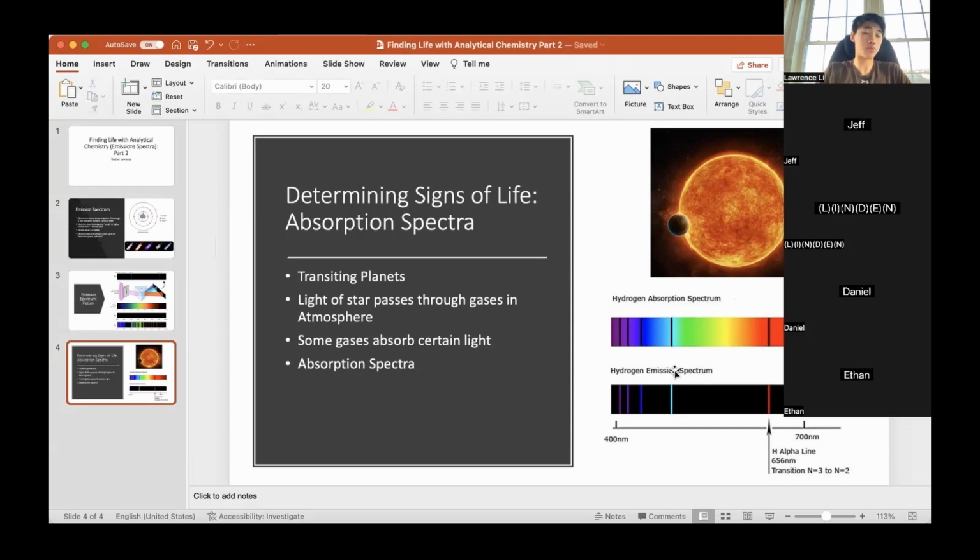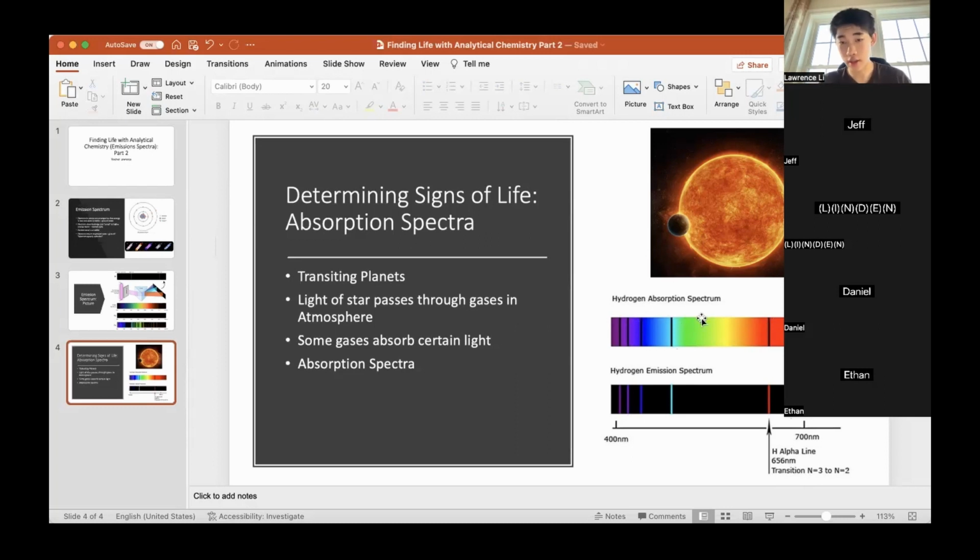So if hydrogen is present in the atmosphere of the planet, it will absorb this wavelength of light: this dark blue, dark purple, light blue, and this kind of orangish red. When that starlight reaches us after transiting through the atmosphere of the planet, these certain wavelengths have been absorbed, and they'll show up as black bands on our absorption spectrum.